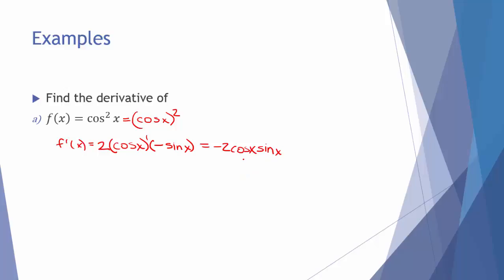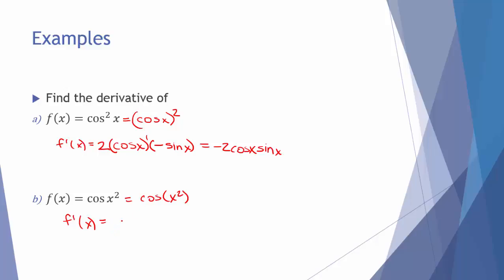Okay. Compare that to the next example. If we have f of x equals cosine of x squared, and again, that means cosine of x squared. So now the inside and the outside function have switched in comparison to part A. The inside function is x squared, the outside function is the cosine function. So when we go to find the derivative, we need the derivative of cosine first.